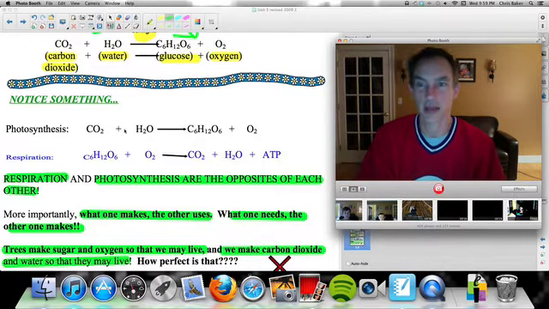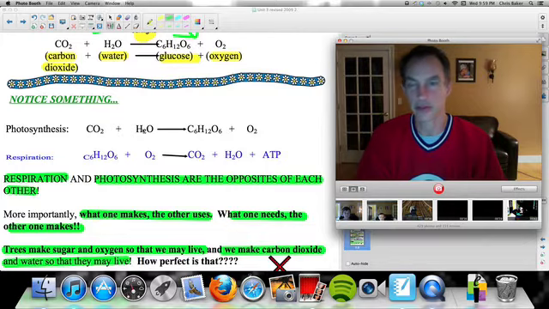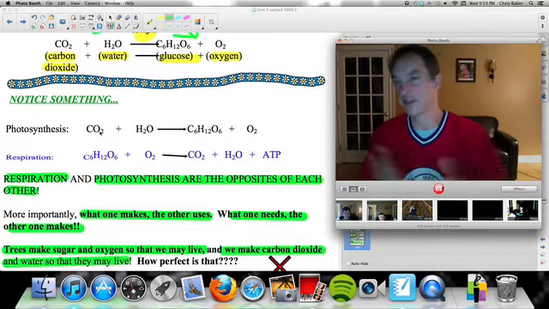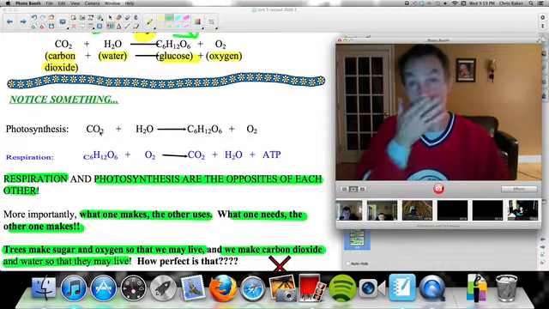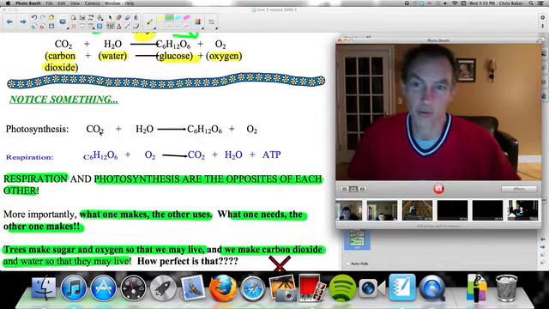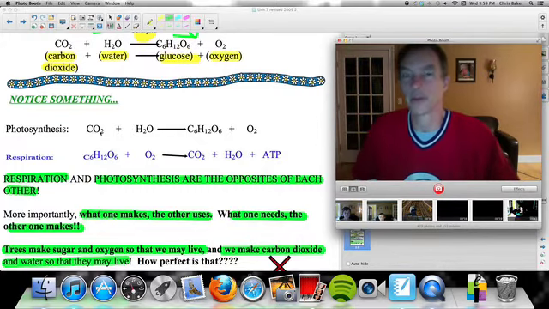Plants get carbon dioxide and water from all sorts of other different places too. So it's not like if animals died off, so would plants. Plants would still find places to get carbon dioxide and water. It's not like we make all of it for them.